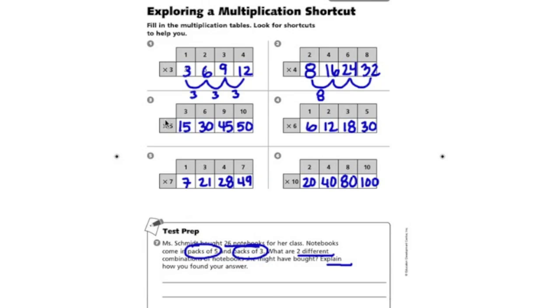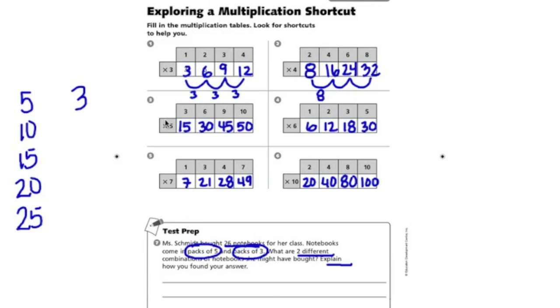The first thing that I would do is list all of the different multiples of each number of 5 and then of 3 that are adding up to 26 but not over 26. So I have 5, 10, 15, 20, and then I also have 25. Then I would list the multiples of 3.